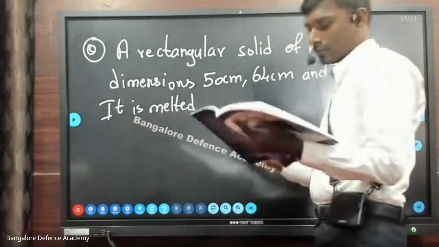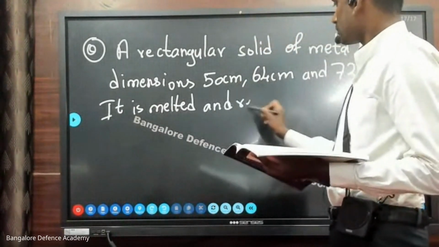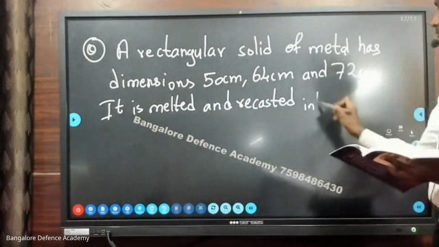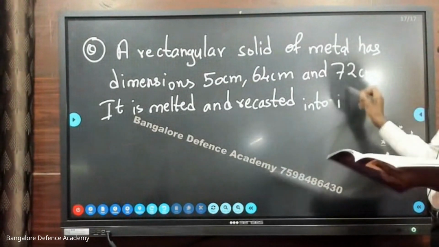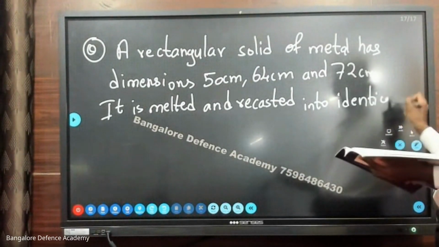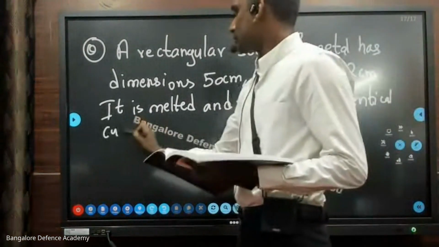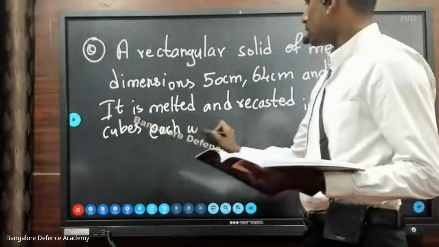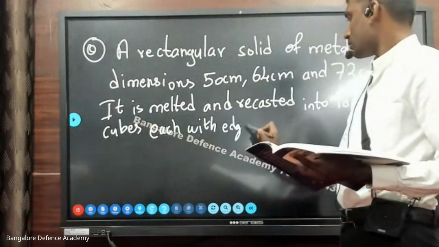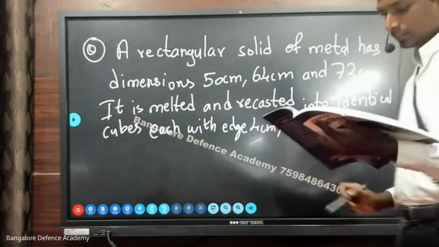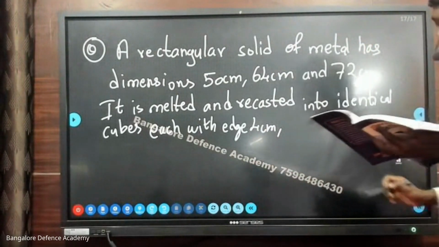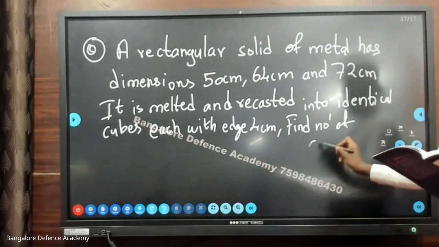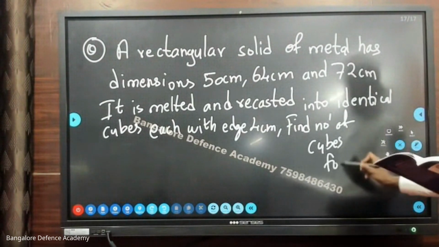It is melted and recasted into identical cubes, each with edge 4 centimeter. Find the number of cubes formed.